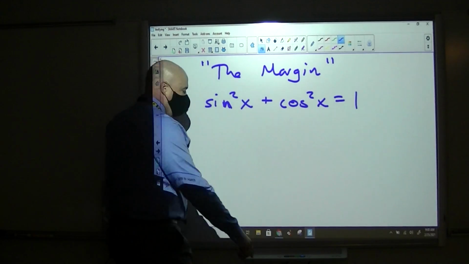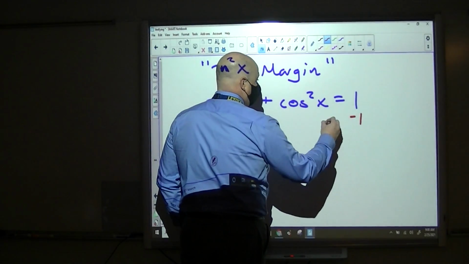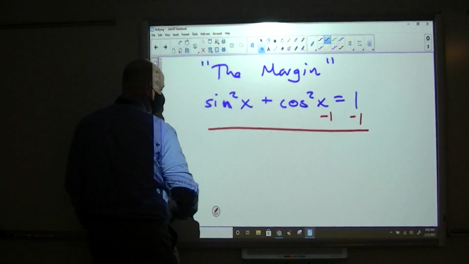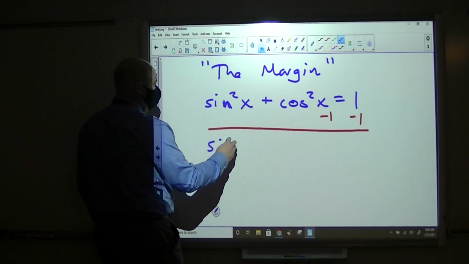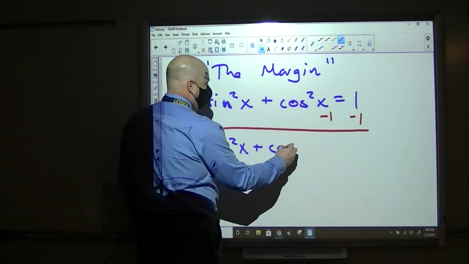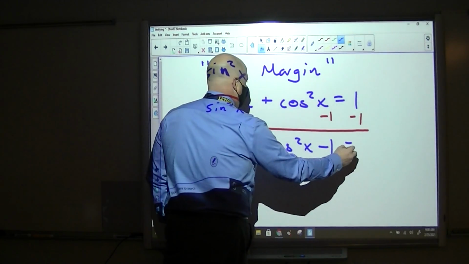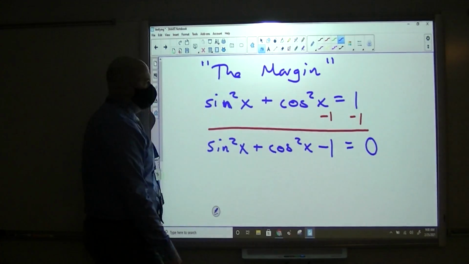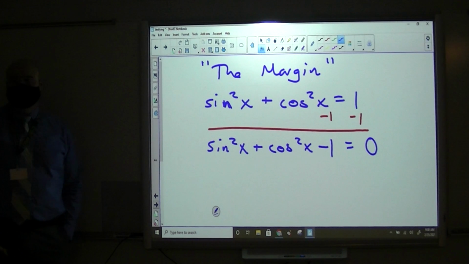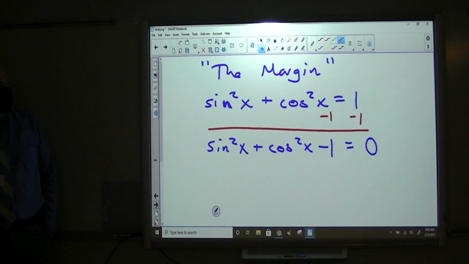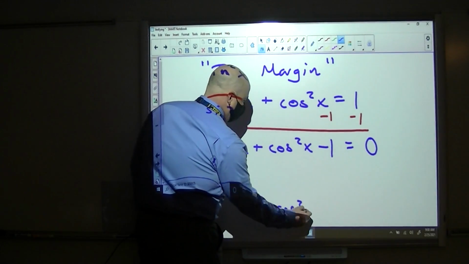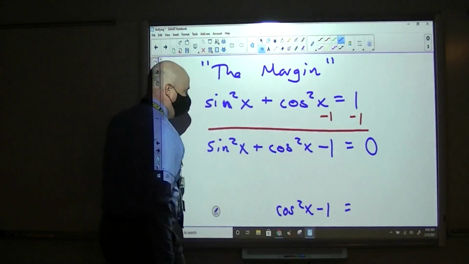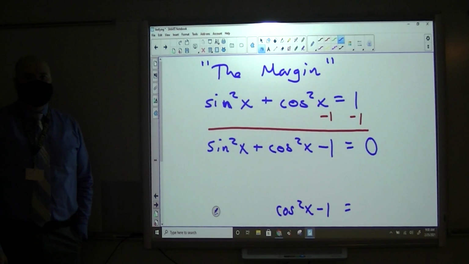Well, if I wanted to say cosine squared x minus 1, I'm going to subtract the 1 over. So I get part of that, right? But this is now 0, because 1 minus 1 is 0. I want the statement to just say cosine squared x minus 1 equals. Just that.